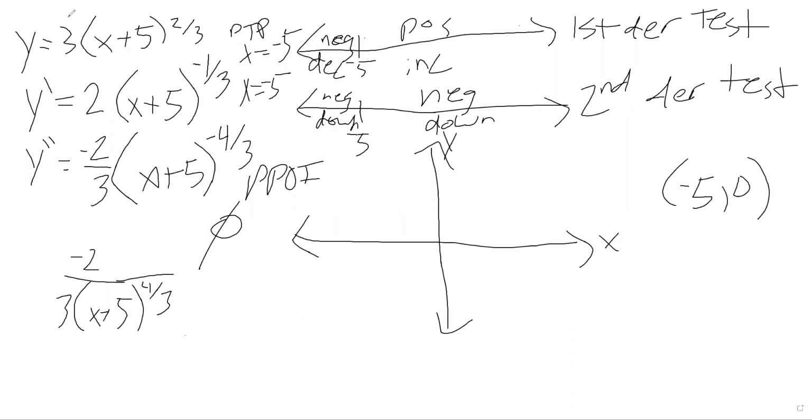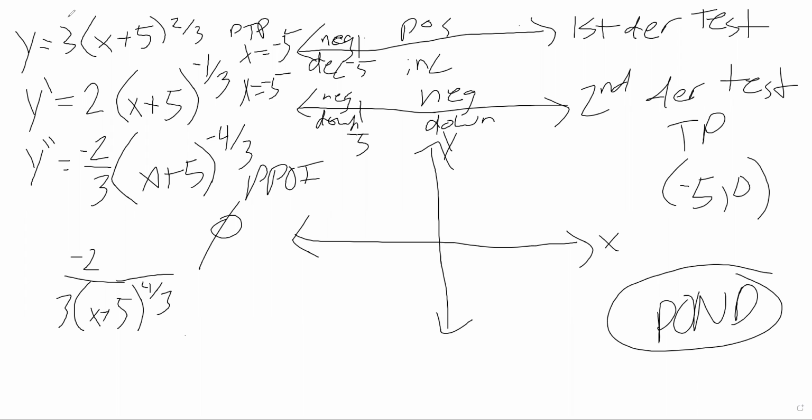When you have something that is a turning point, right, and a potential point of inflection, it's really a pond in disguise. So -5 is really a pond. So that means that there are no turning points. Put a big fat X through this because it can't be a turning point if it's a pond. And there are no points of inflection because, again, it's a pond.